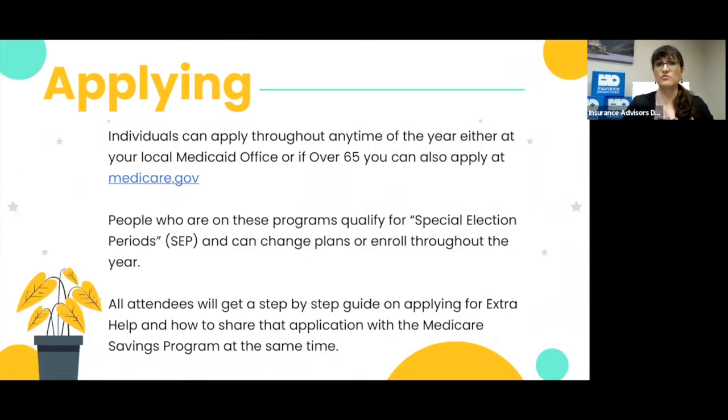Now we're going into applying. Again, we're not their caseworkers, but it's good for us to know what our member is going to expect. So individuals can apply throughout any time of the year, either at your local Medicaid office, or if you're over 65, you can also apply on Medicare.gov. I do have a YouTube video that I did a while ago on LIS and how you apply for extra help.